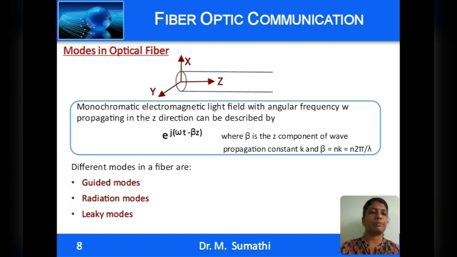The minus z in the expression indicates that light propagates in the positive z direction, and beta is an important parameter to analyze the modes of a fiber. The different modes supported in a fiber are guided modes, radiation modes and leaky modes.